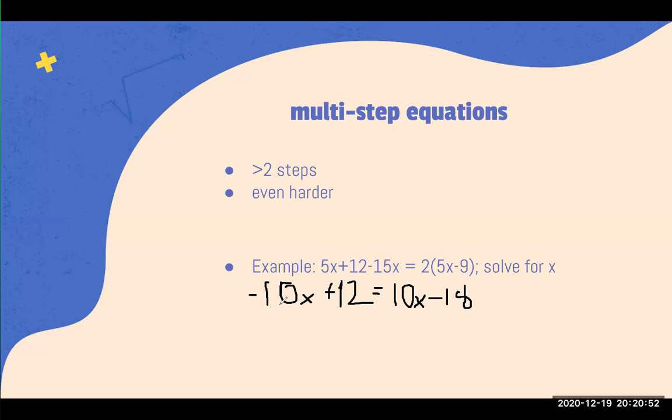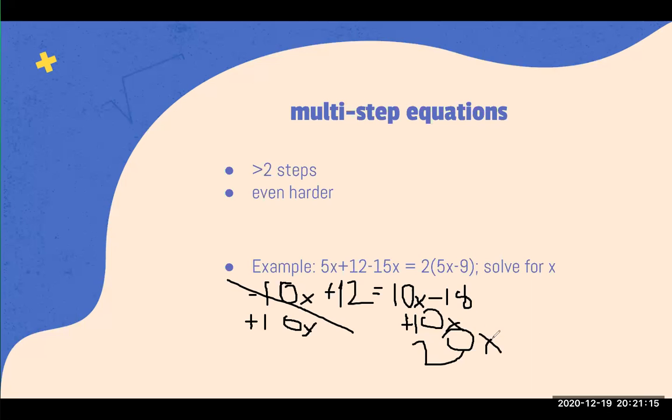So I'm going to add 10 to both sides to cancel this negative 10 over here. So if I add 10 to both sides, this gets canceled, and there's going to be a 20x over here. So this becomes 20x.